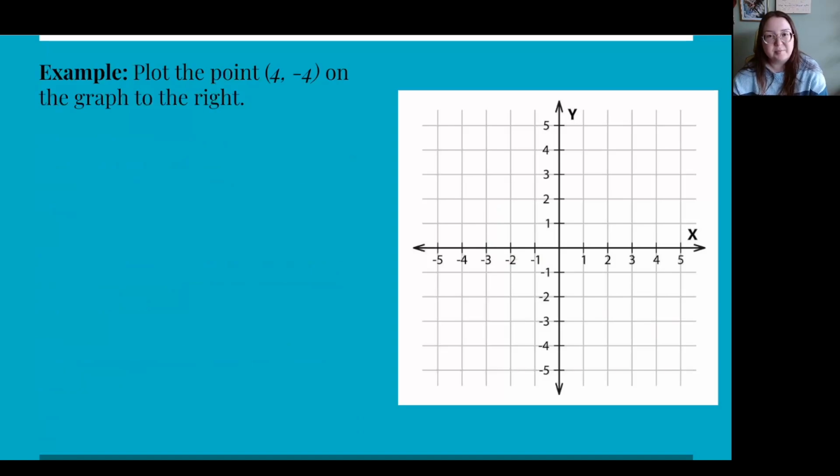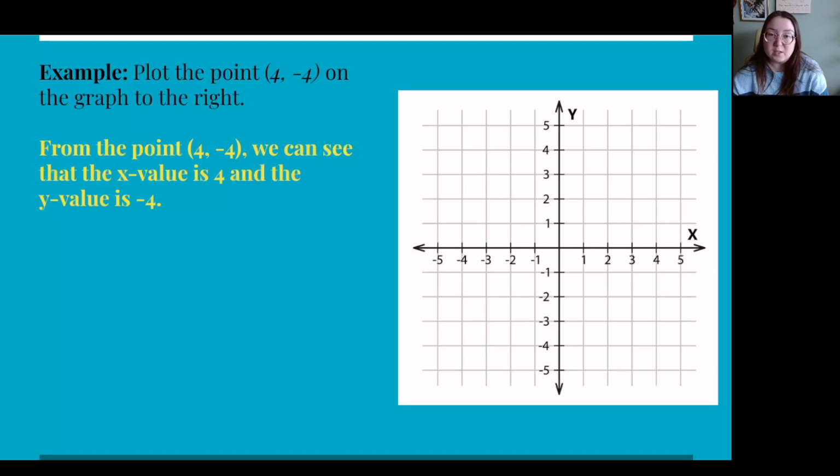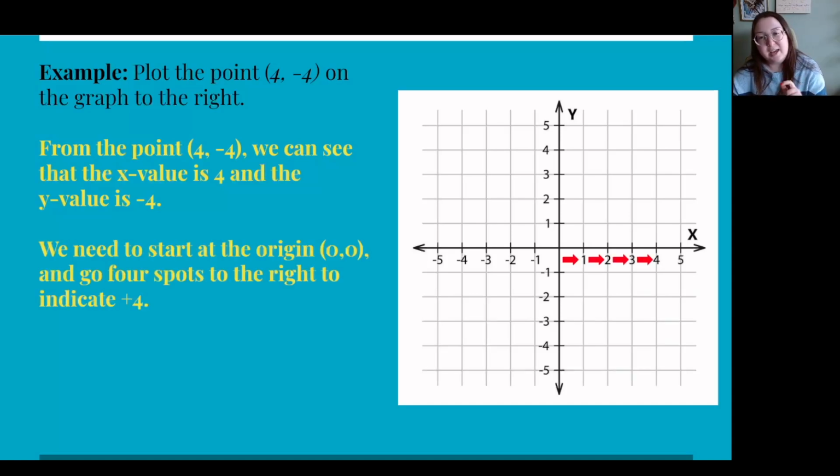So let's do another one. We're going to plot the point 4, negative 4 on the graph to the right. Just like before, from the point 4, negative 4, we can see that the x value is 4 and the y value is negative 4. So since we know this, we're going to start at the origin, and move 4 to the right for our x value.